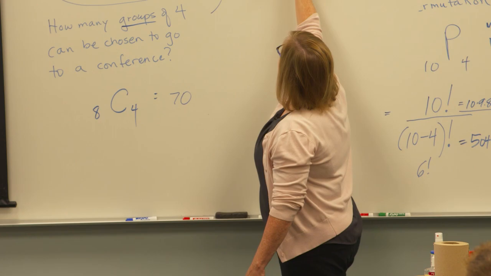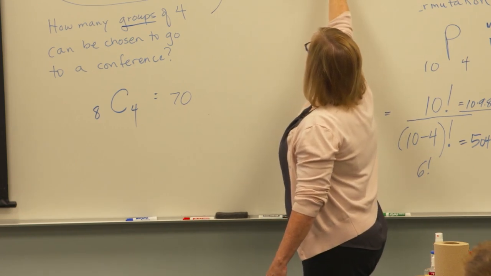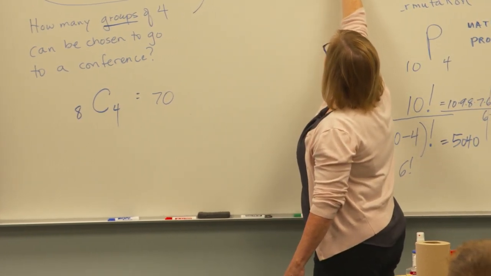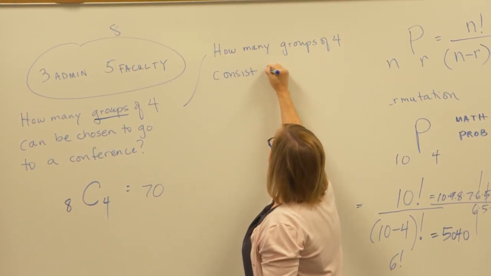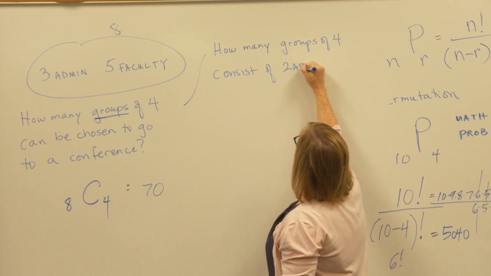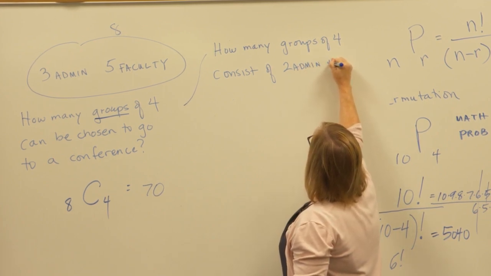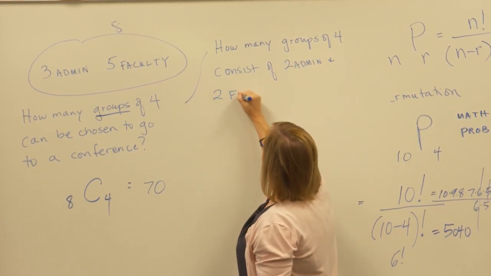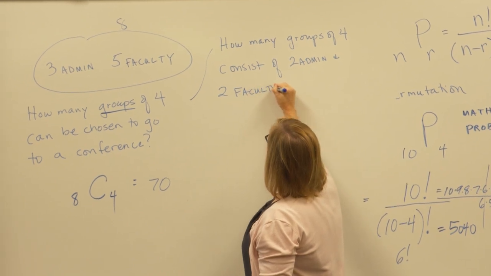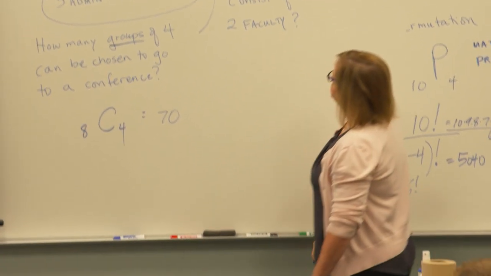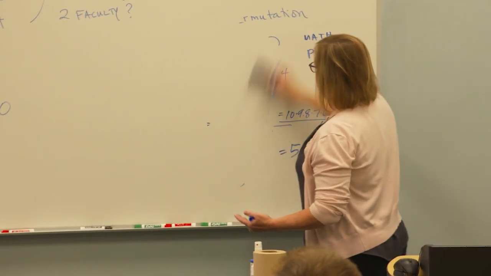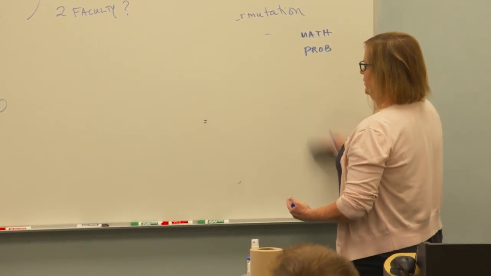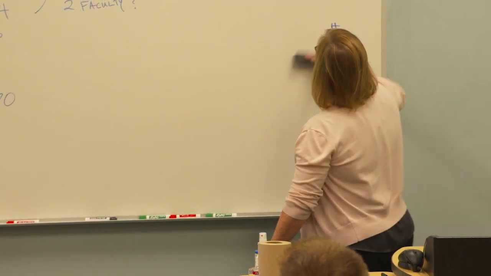So how many groups of 4 consist of 2 administrators and 2 faculty? So I'm being a little more specific. I want to see how many would have that makeup when it's all done.